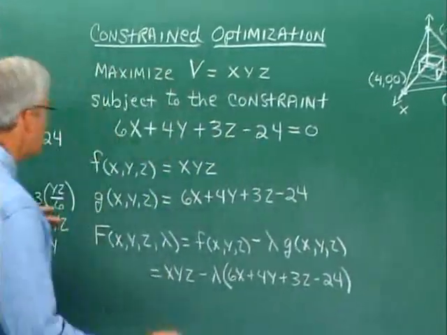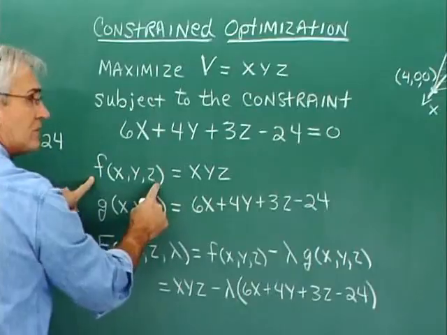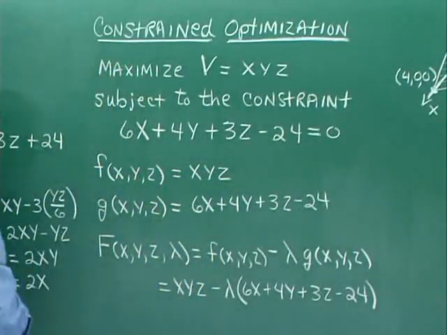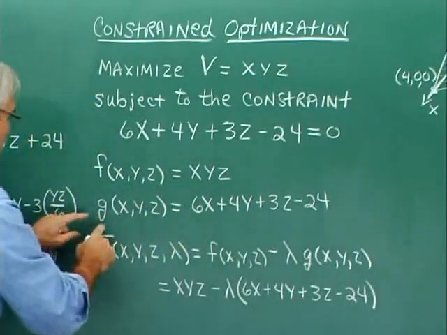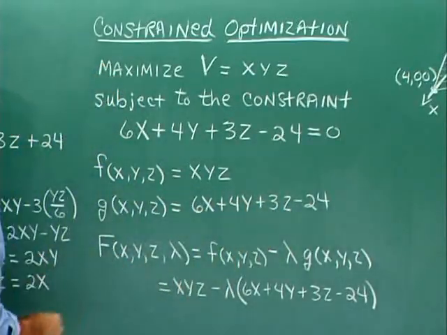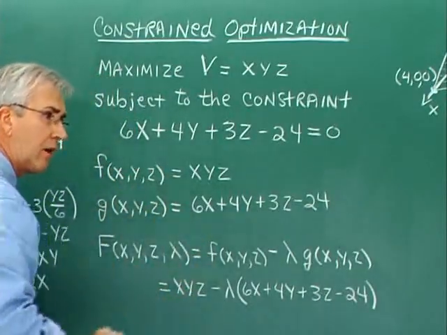But here's what we do. We take our first function and call it f of x, y, z. F in terms of x, y, z is this x, y, z. This is our volume function. And our constraint function is a g function in terms of x, y, z, and here it is. Okay, now we define a new function. Here's where this Lagrange multiplier comes in.